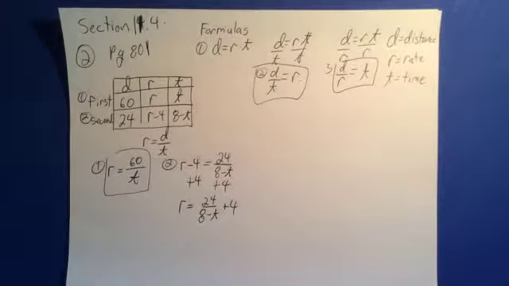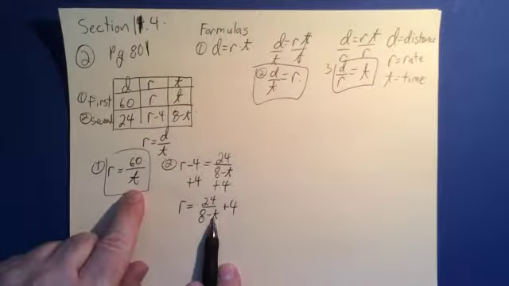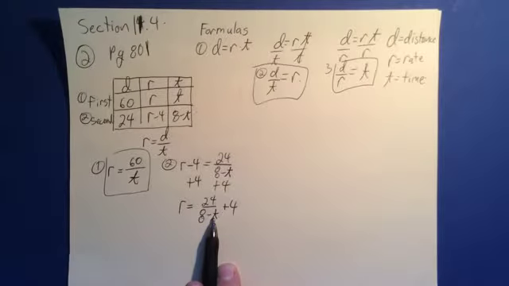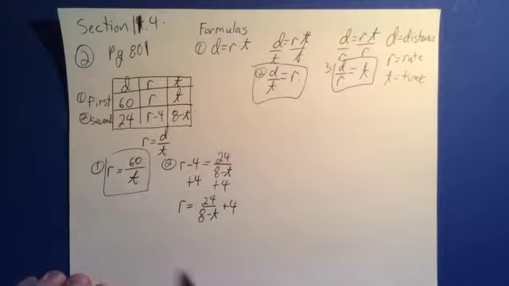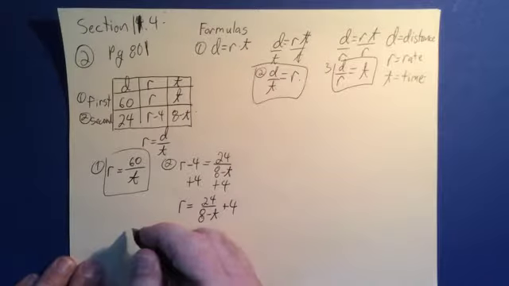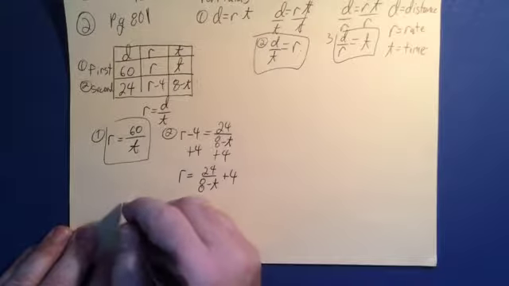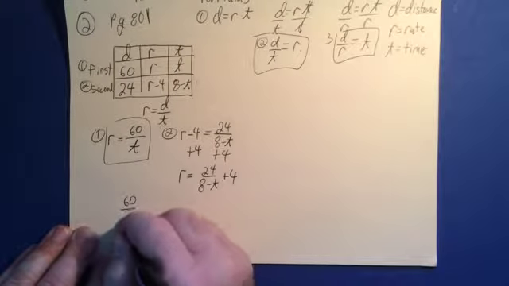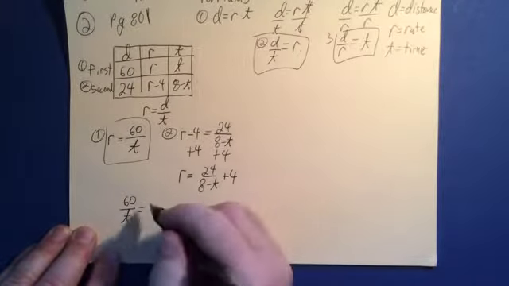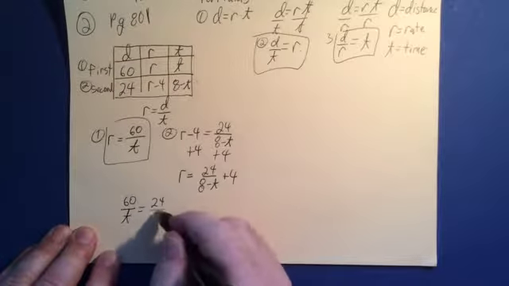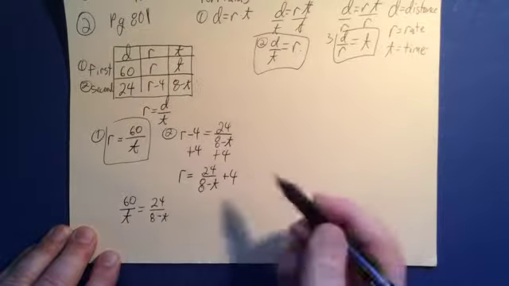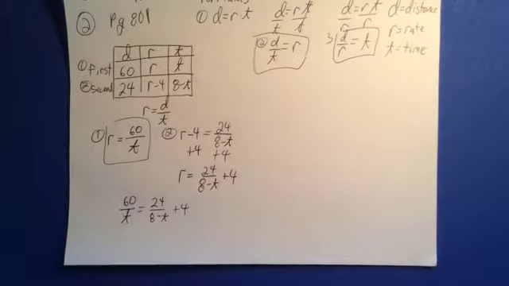In the same problem, the r's are going to be equal, so I'm going to set these two equal to each other. This is going to give me 60 over t equals 24 over 8 minus t, plus 4.